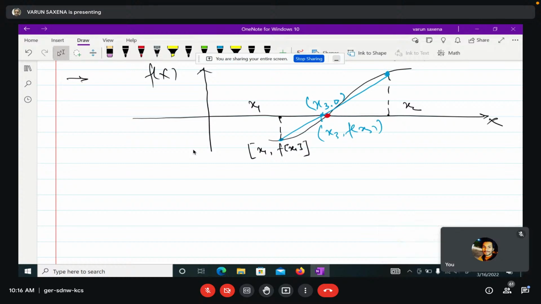So how do we find this x3? It's a very simple thing. It's a straight line. So let's say that we take 2 points, which is (x3, 0), and we take point (x2, f(x2)). I took this point and this upper point.